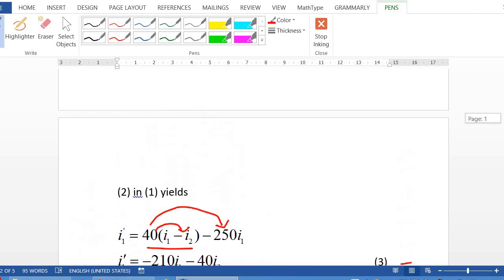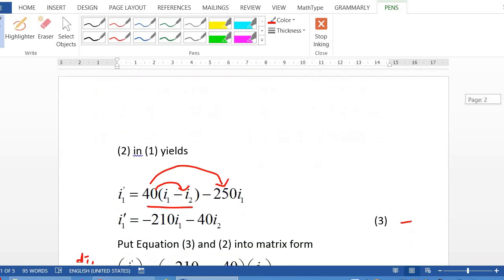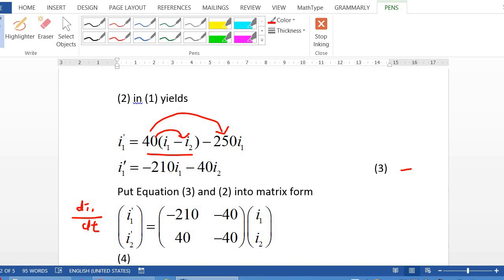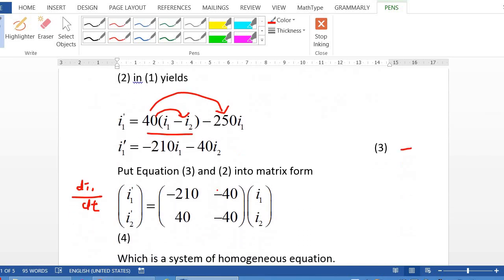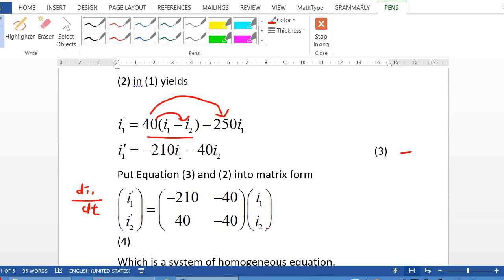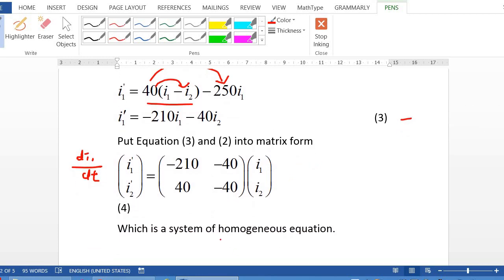And then the second equation becomes the second first order differential equation, di2 dt equal to 40 I1 minus 40 I2. So this is what we call the homogeneous system, because it's actually plus a zero vector.